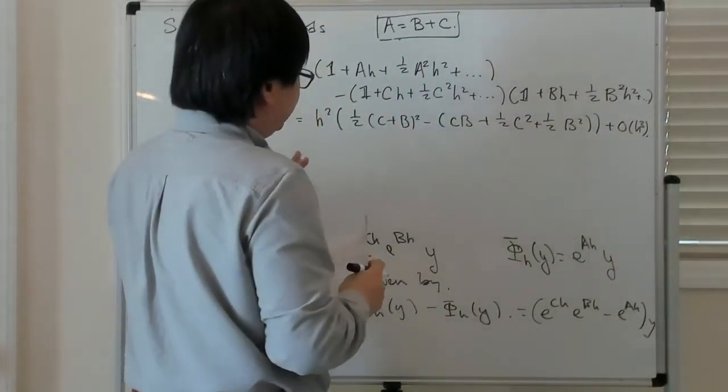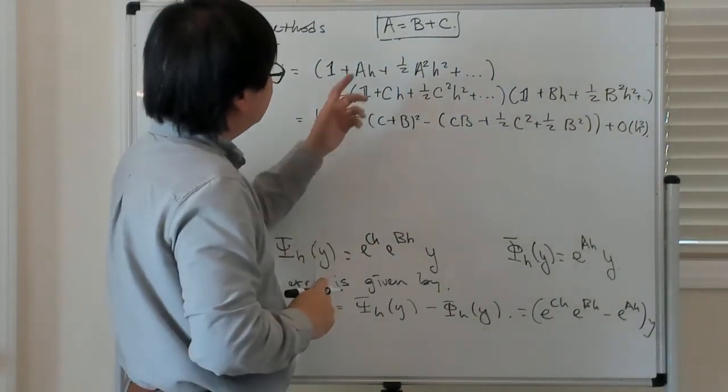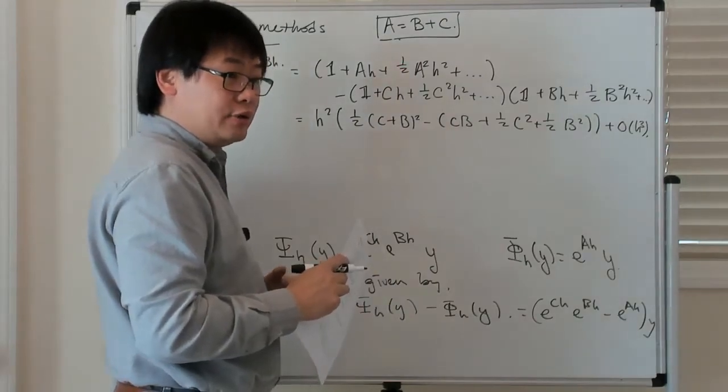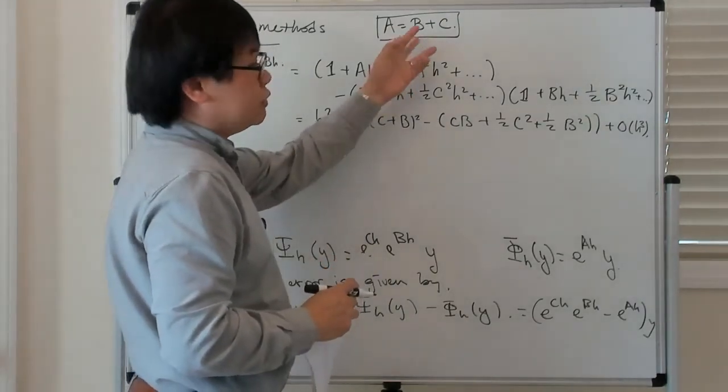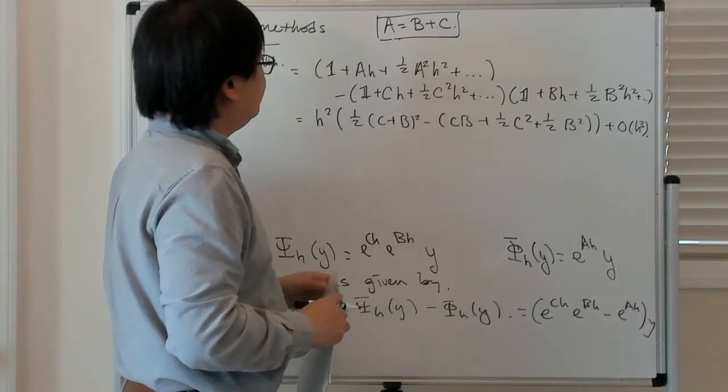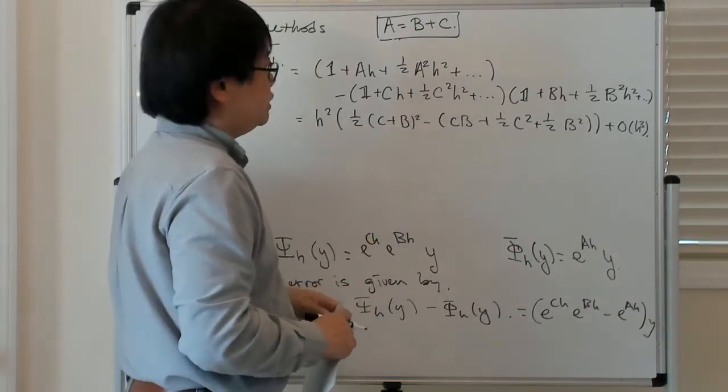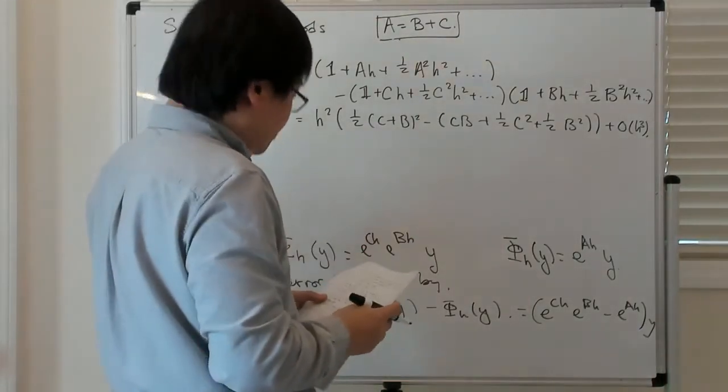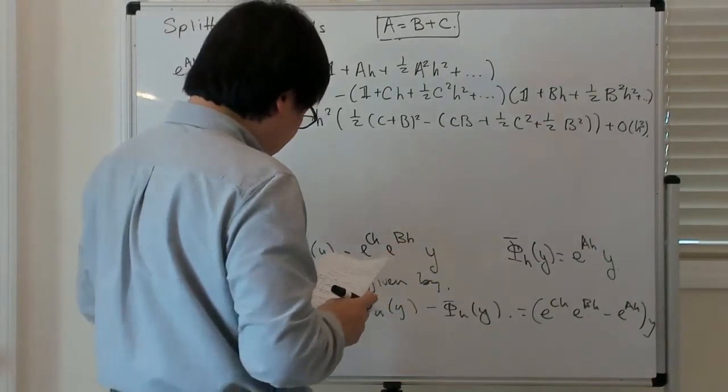Here you have to be very, very careful, because b and c are matrices in general, and so you can't assume that b times c is equal to c times b. You can't assume that these matrices commute with each other.